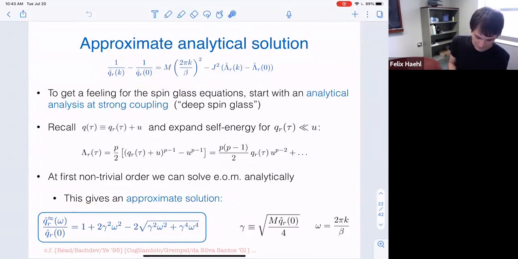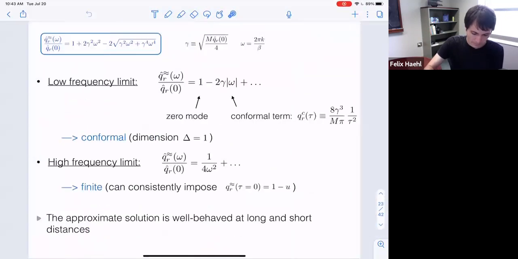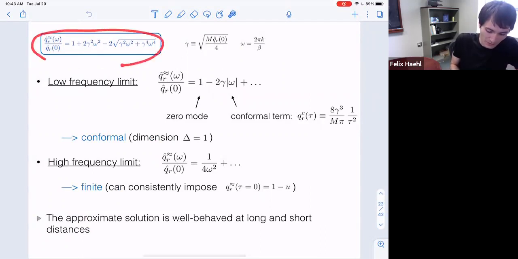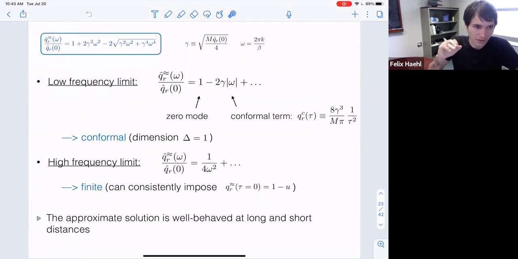I wrote it here in frequency space, and gamma is a parameter that's roughly 1 over j, so it's a small parameter. Okay, let's understand some of the properties of this approximate solution. There's an approximate analytical solution to the equations of motion deep in the spin glass phase. That's strong coupling.